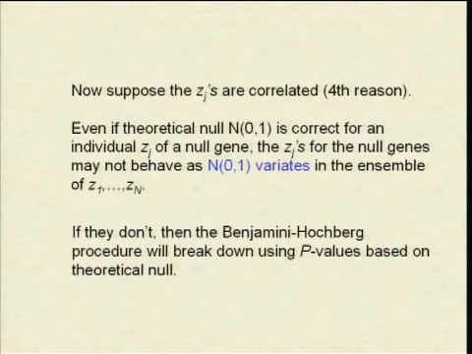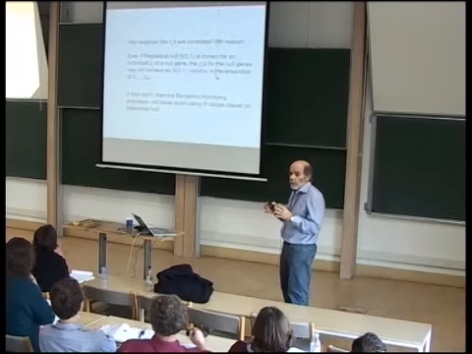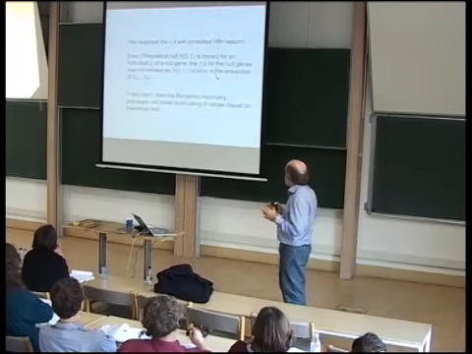Now the fourth reason, well, if the genes are correlated, even if the distribution of a particular z-score for a null gene is a standard normal, it doesn't mean to say that the ensemble of these null z-scores will behave like a random sample from a standard normal because of the correlations.